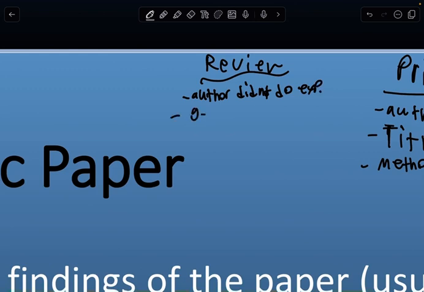So a review is basically a summary of a subsection of the scientific literature that somebody puts together to help busy scientists get a handle on an area of study that they may not be entirely familiar with, right?